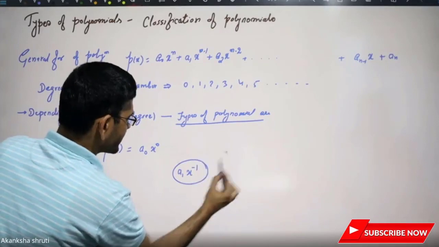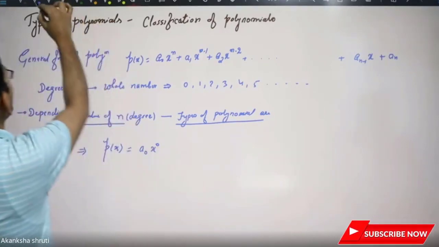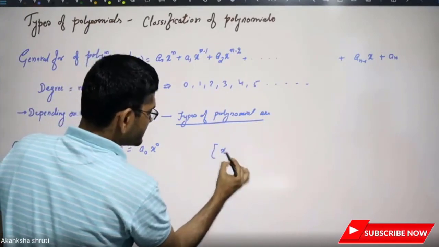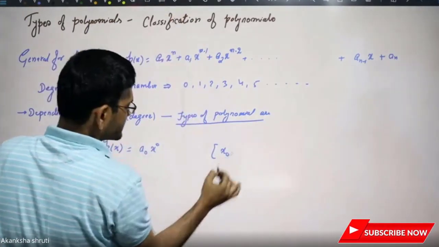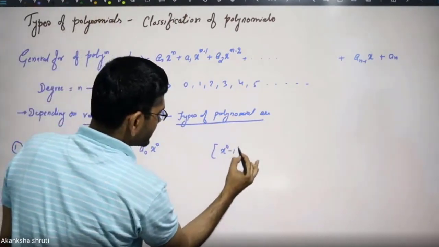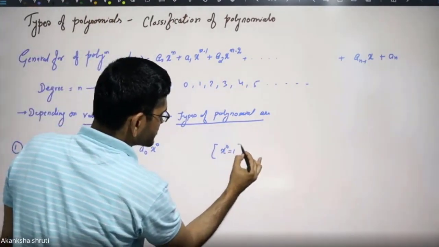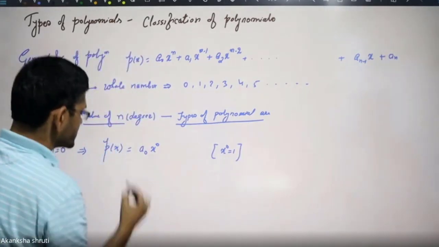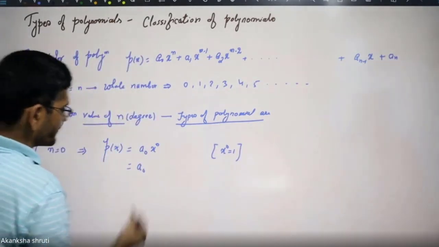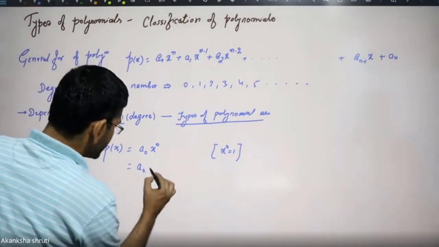Now what it becomes? Even we are knowing that x to the power 0 is always 1. Means any number to the power 0 or any variable to the power 0 is 1. So this is simply what? a0. It is what?